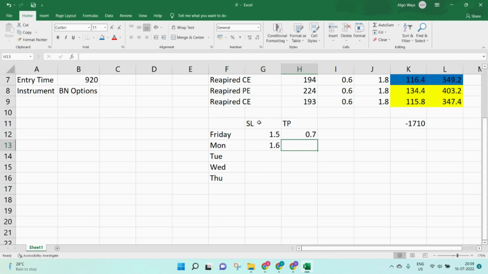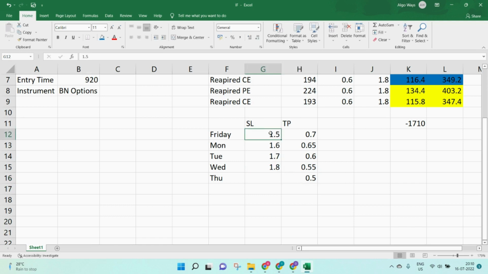Monday we go to 1.6 and the target is 0.65. Then 1.7 and 0.6, 1.8, and this will be 0.55, and this will be 0.50.